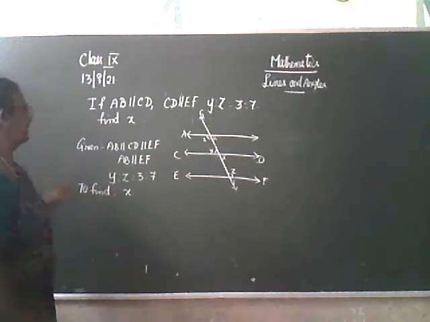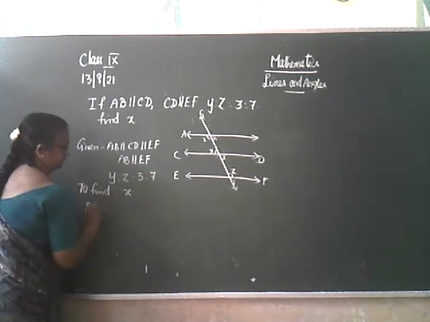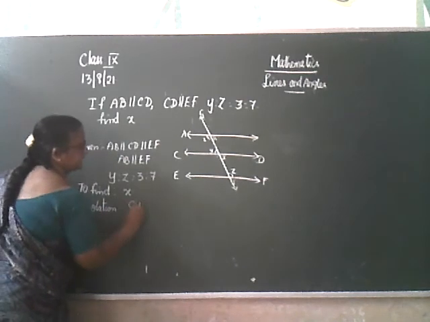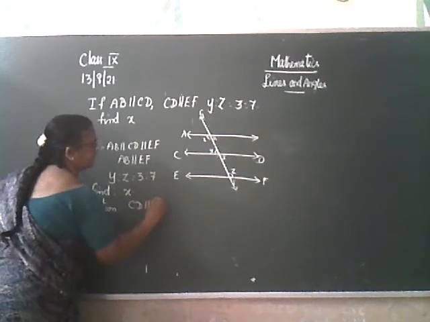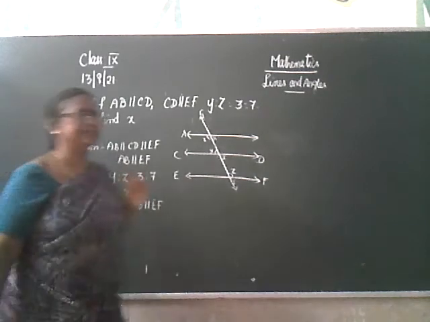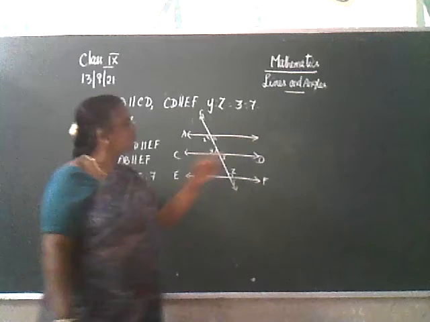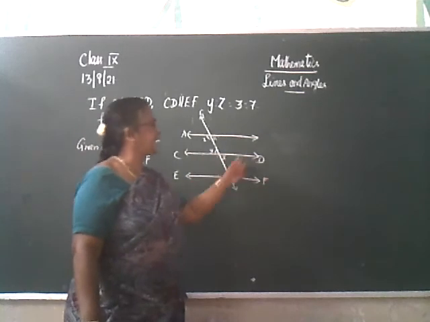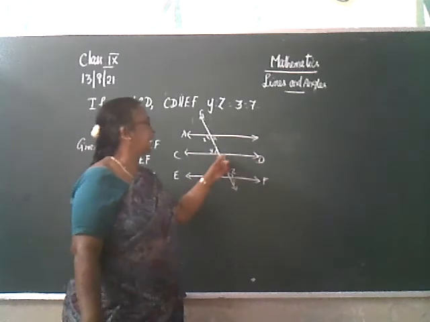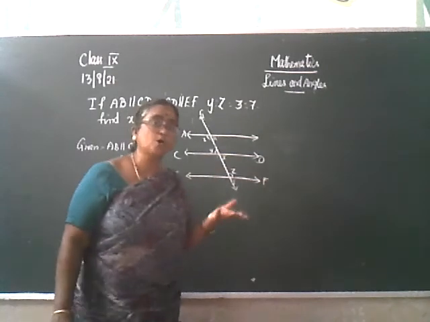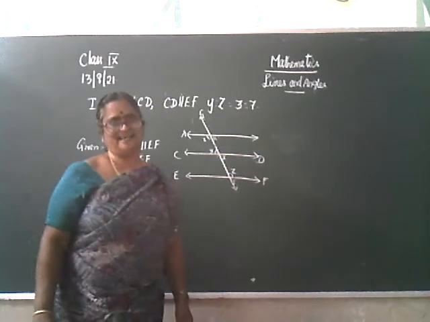Because it is given CD is parallel to EF. When they are parallel, their corresponding angles are equal. So I can say HID is equal to IJF is equal to z because they are corresponding angles.